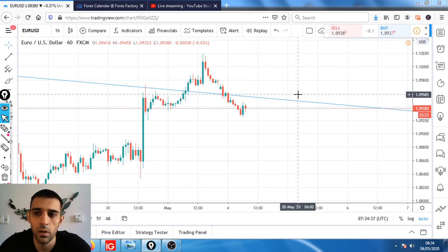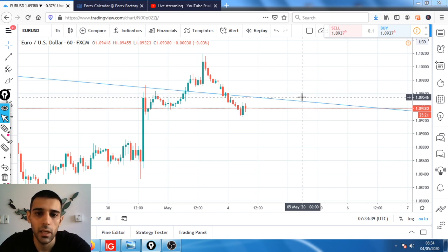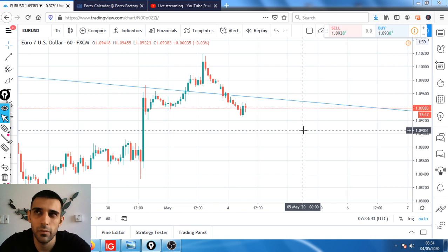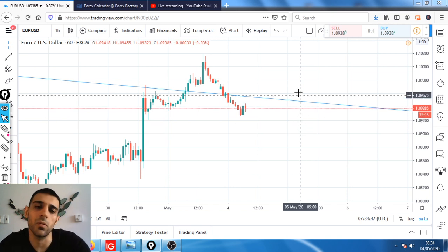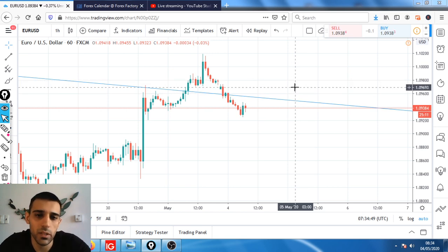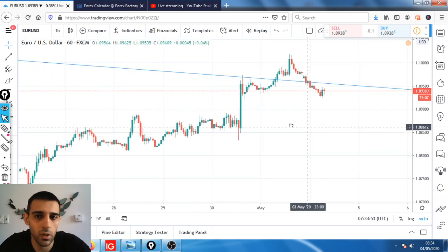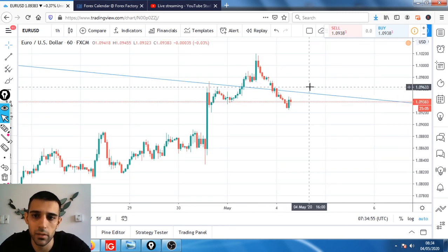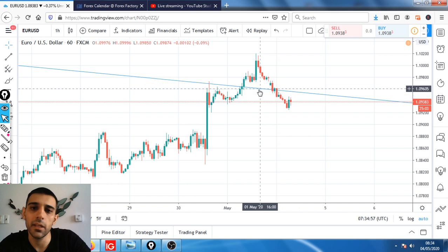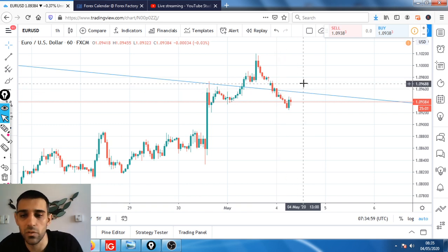So if we enter at 109.55 and target 109.05, we'll be looking at 50 pips gain with a 25 pip stop loss. Yeah, it gives us a 1 to 2 risk reward, but it does not meet my 1 to 3 risk reward. So I personally can't justify taking the trade because of the risk reward.